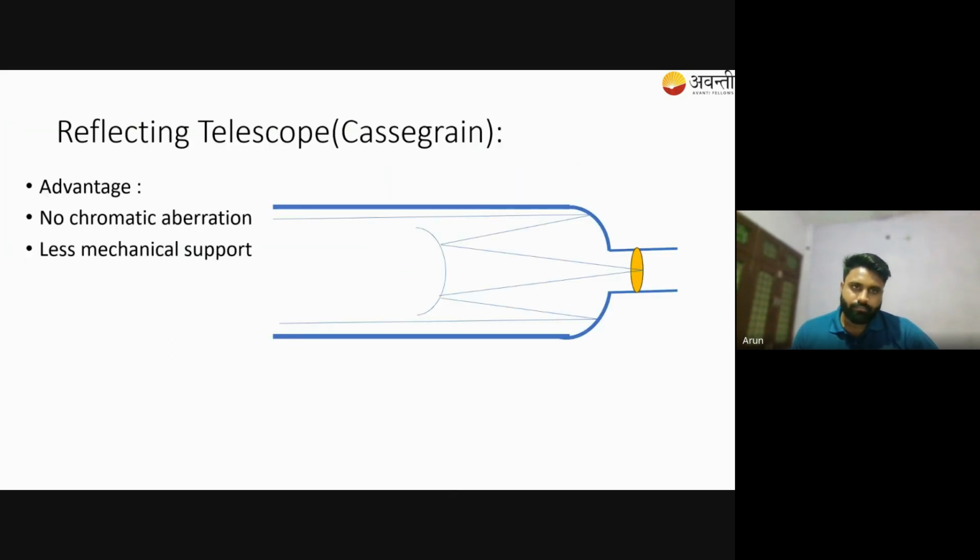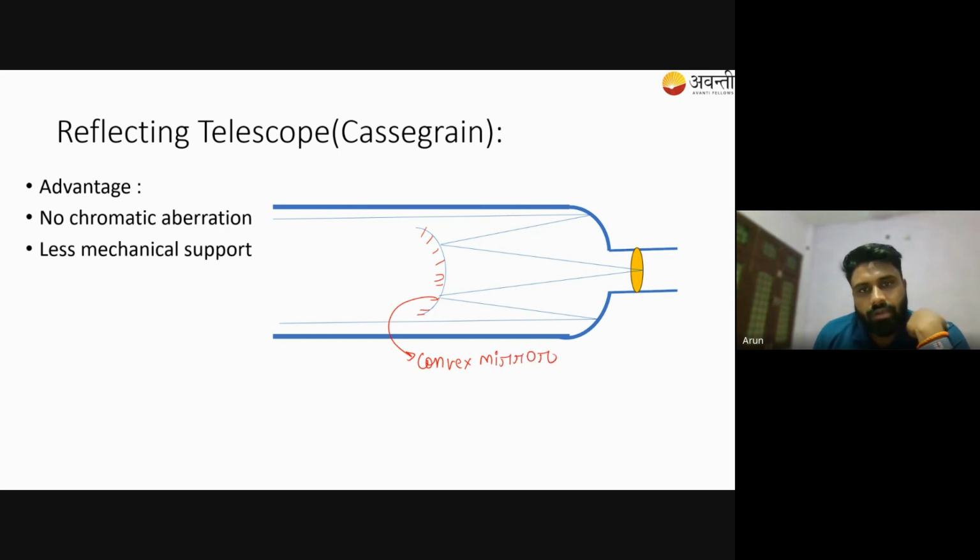Now, the reflecting telescope. This is the last optical instrument, and the last topic of this lecture. The reflecting telescope is also named Cassegrain. So how is it different from the other? In this, we have used mirrors. This is a convex mirror we have used.